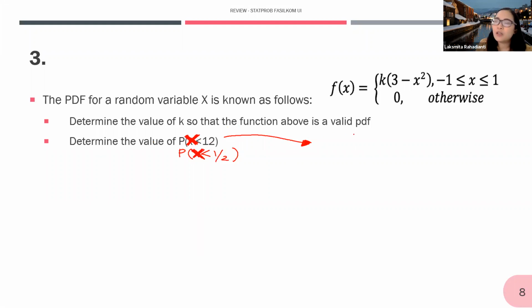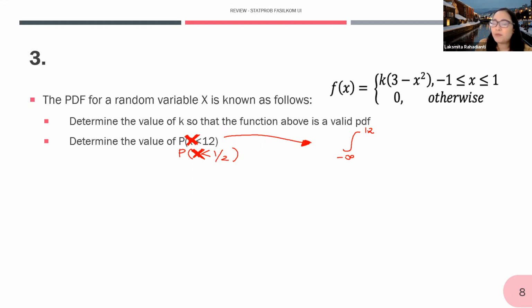So you should actually still be able to compute this. So what is the probability? It's less than 1/2. Well, actually, what I need to do is, my limit is 1/2 here. My bottom limit, I don't have it. It's negative infinity because I don't have a limit here.